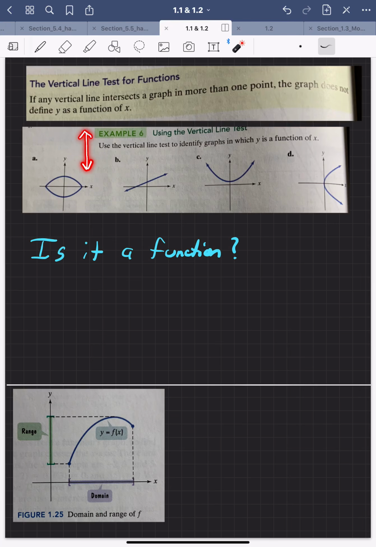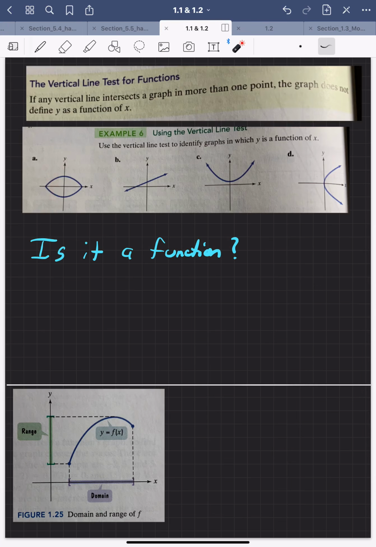And here's the idea: if you can place a vertical line, and that vertical line touches that graph more than one time, then it's not a function. I'll say that again. Notice how this vertical line touches this graph once, and then it touches it again. The same line touches the graph twice. That is enough to tell me it's not a function.